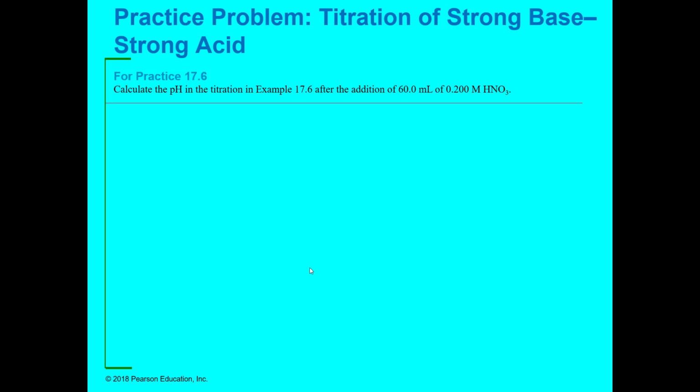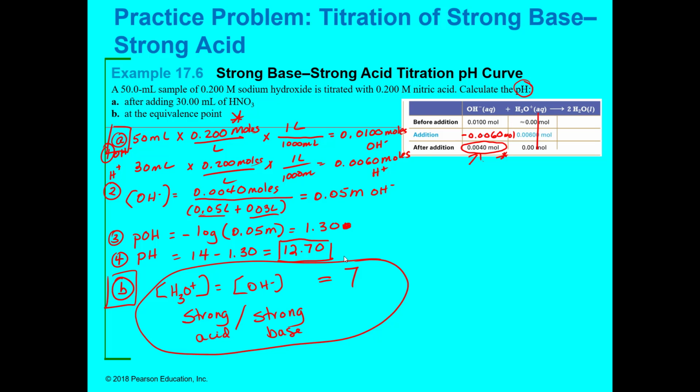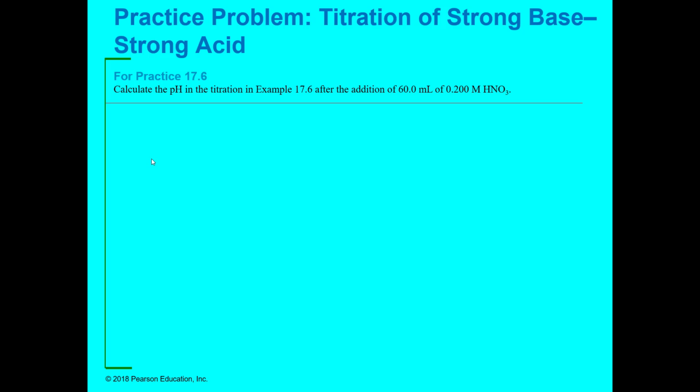All right. Then what I'm going to have you do is go back to the original concentrations of 17.6, okay, the 50 milliliters and all of that, and then you're going to add 60 milliliters instead of the 30. So instead of 30 there, you're going to do 60 and see how that changes things. Okay? So that's your practice for this, but you're going to work it exactly the same.